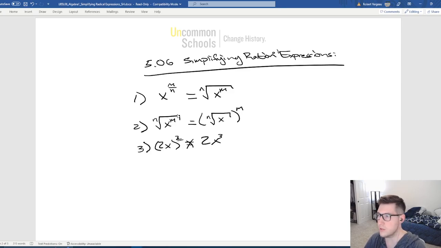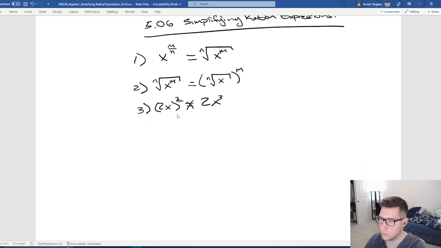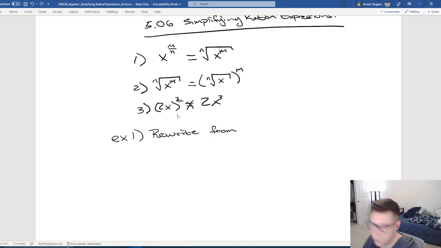And so now let's get into really just sort of like the meat and potatoes of what you're going to be looking at today. And so we actually just jump right in with an example. Example 1, we want to rewrite the following from, oh, sorry, not exponential, we want to rewrite the following from radical to exponential.